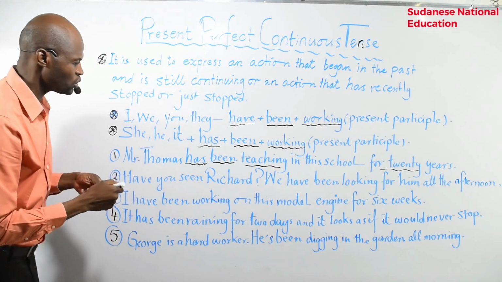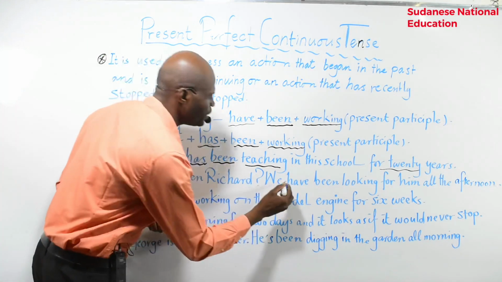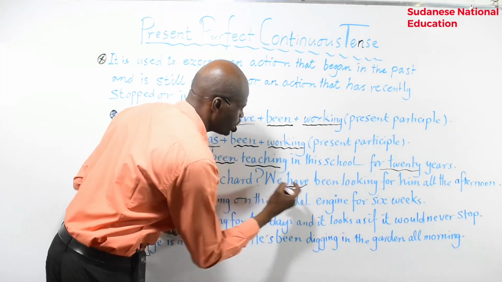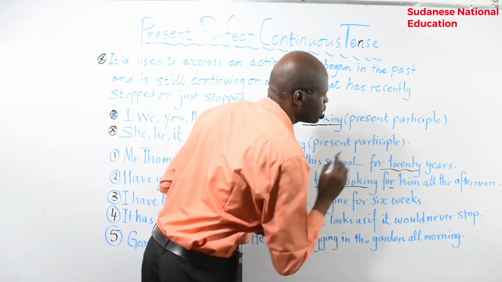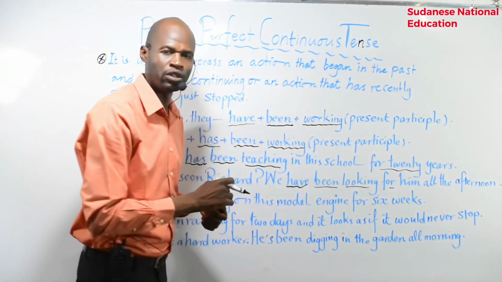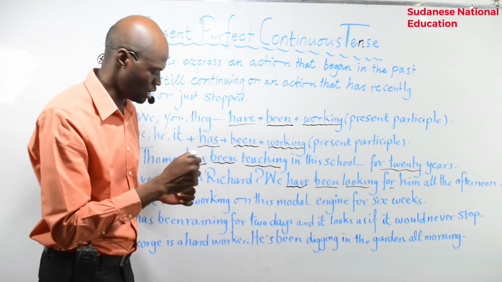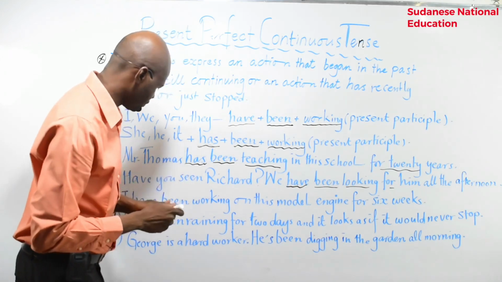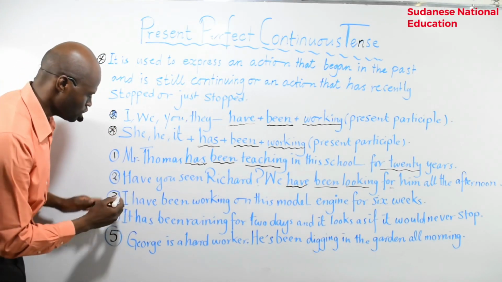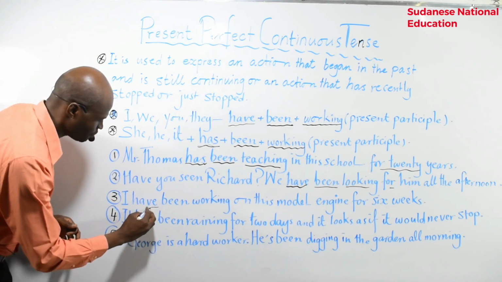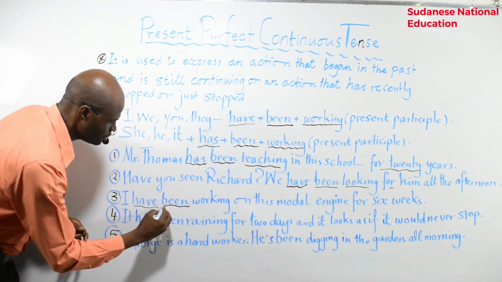Have you seen Richard? We've been, and with we we use have, and then been, looking for him all the afternoon. And up to this moment, we haven't found him. Okay, I have been working. With I, we use also have, and then been.